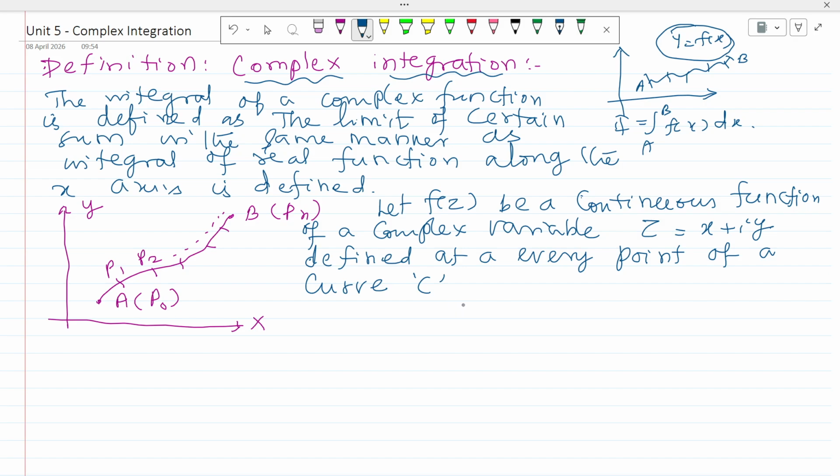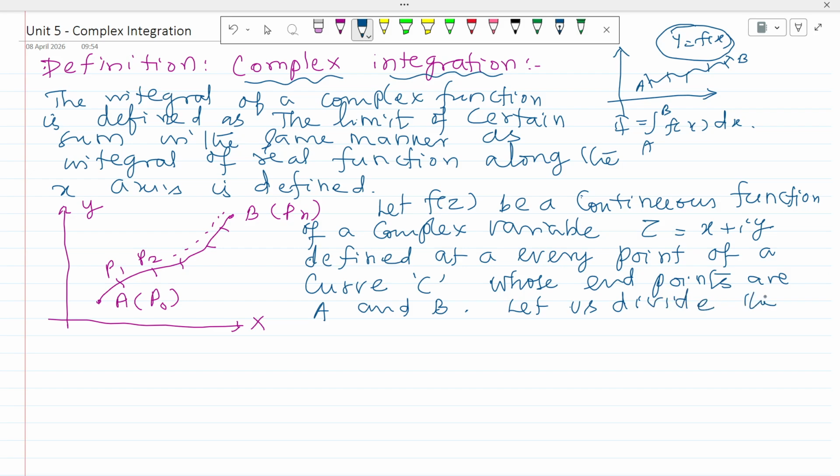Let f of z be a continuous function of a complex variable z equal to x plus iy defined at every point of a curve C, whose endpoints are A and B. Let us divide the curve C into n parts.